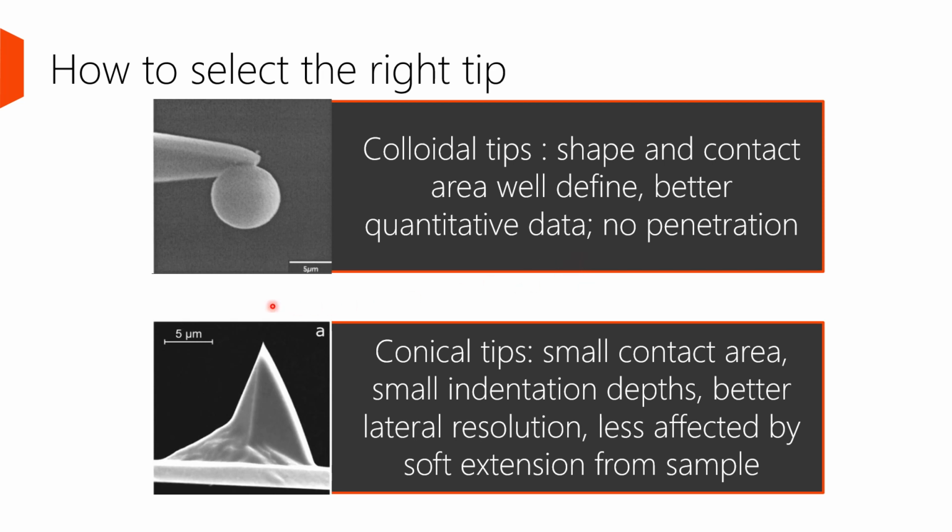Also, because the tip is larger than the conical tip, we can have less penetration to the sample per se. For the conical tip, the tip radius is in tens of nanometer range, so the tip radius is a little bit difficult to define.